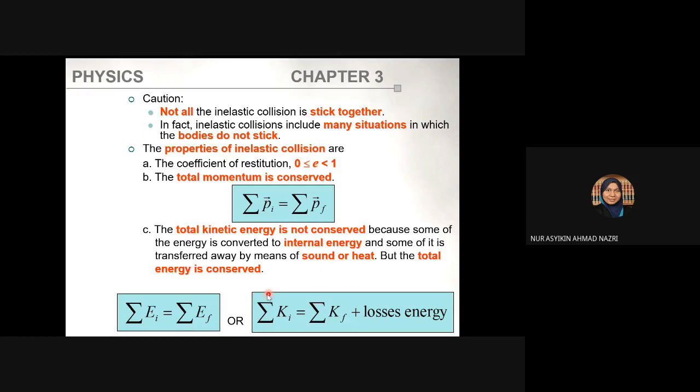Total kinetic energy cannot be used, but total energy may still apply. Like in the elastic case earlier, you could apply Ki equal to Kf. But for this case, your K final will be added with the lost energy, whether it is sound or heat. The kinetic energy turns into that energy. So that's why the velocities are no longer the same.